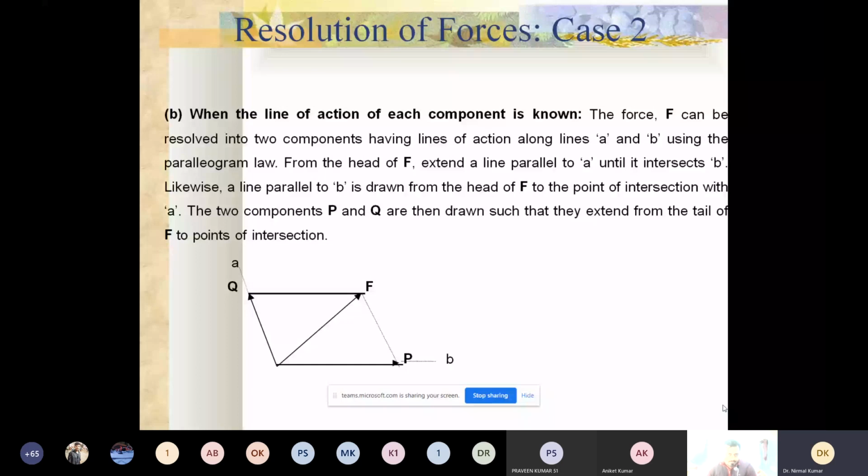And two components P and Q are then drawn such that they extend from the tail of F to the points of intersection of these two lines. The parallelogram rule may be used here to calculate the components, or the vector rule is easier and more effective to calculate the components in different directions.